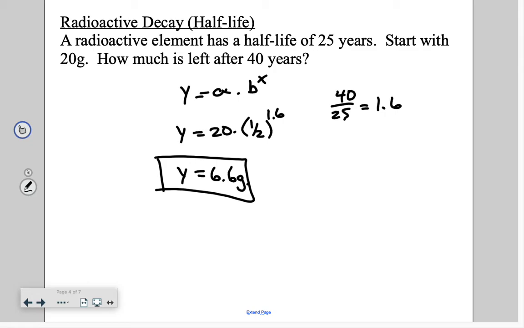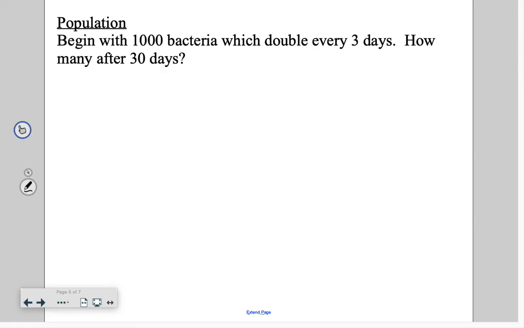So there's a second application. Half-life type problems. Exponential decay. Last one is population. Whether it's human population, in this case, this is population of bacteria. Could be a virus, could be bacteria growth, that kind of stuff. But in general, also growing very, very rapidly.